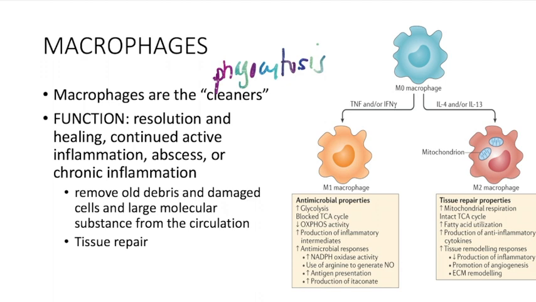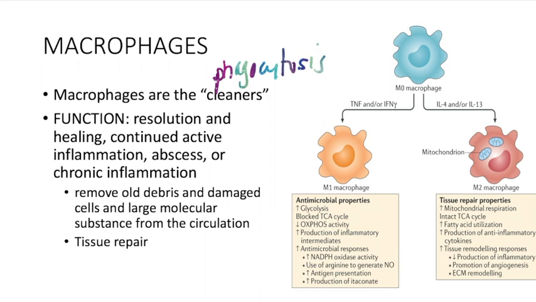They continue active inflammation. They may make an abscess or are involved more in chronic inflammation. They remove old debris and damaged cells and large molecular substances from the circulation, and then also involved in tissue repairs. They are dominant in chronic inflammatory reactions. Macrophages are really dominant here.